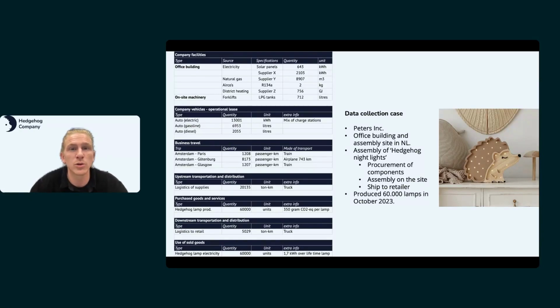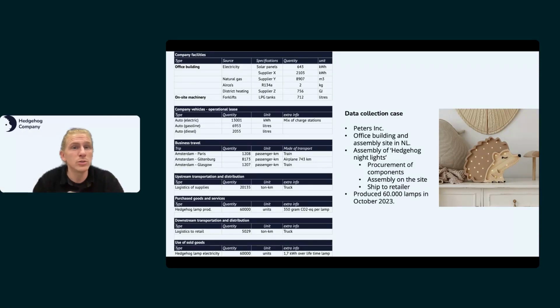So there's 643 kilowatt hours, and we have an energy supplier or electricity supplier where we have an additional 2,103 kilowatt hours. It's always important to find out who your electricity supplier is, to find out whether the electricity that you're consuming is green or gray or unknown, of course.